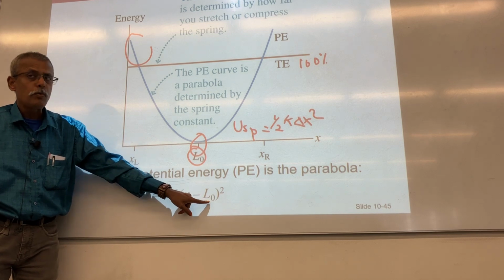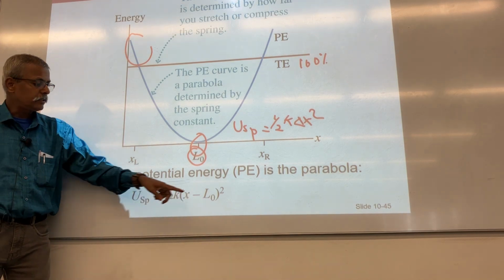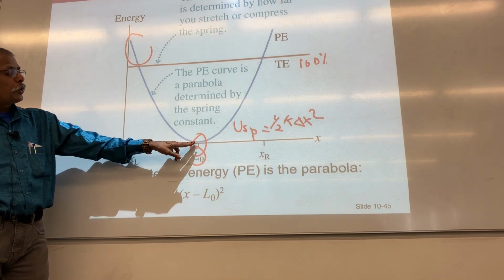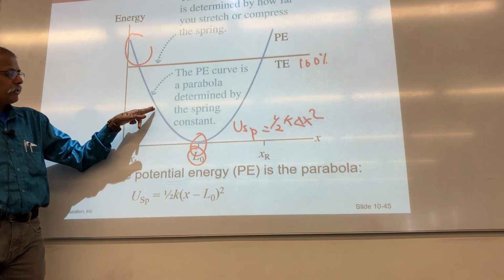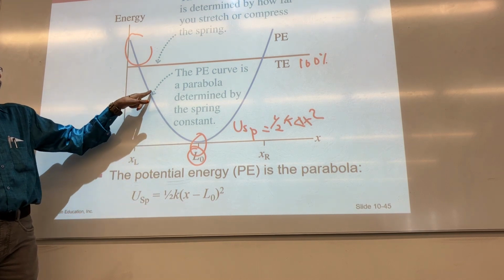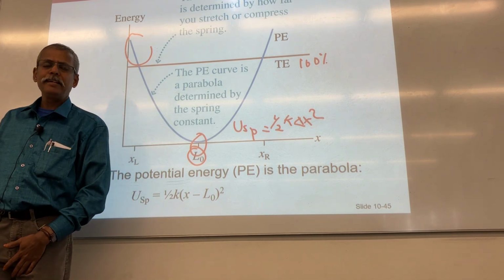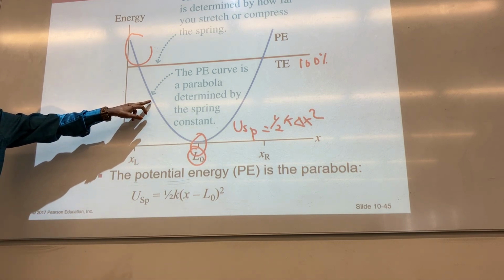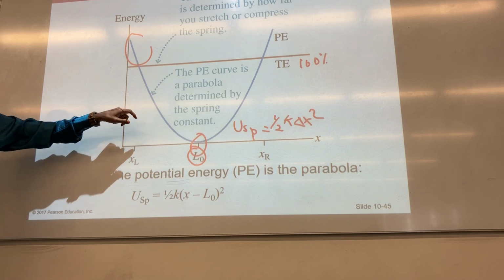So x minus the original length, in parentheses and squared. When you go to the right or left of the origin, the potential energy is increasing. When the potential energy increases, the kinetic energy decreases.